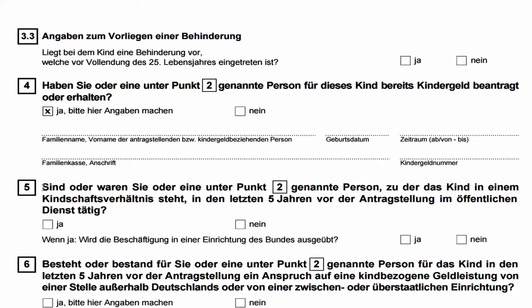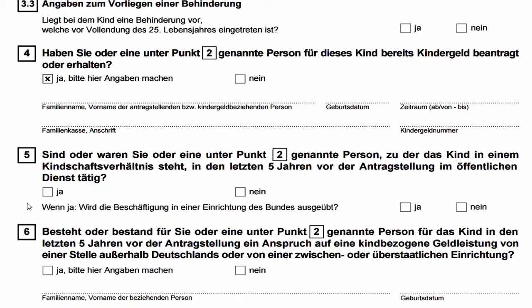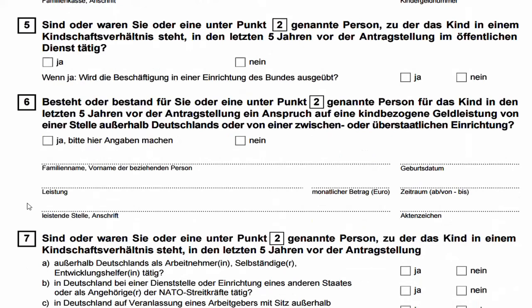In part 5, it asks whether you or the person whose details are mentioned in part 2 of this form, to whom the child has a relationship, has worked in the last 5 years before the application in the public service or not. If it is the case, then you mark yes with a cross.